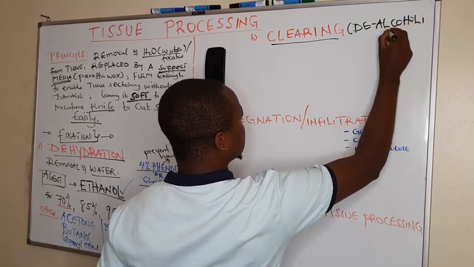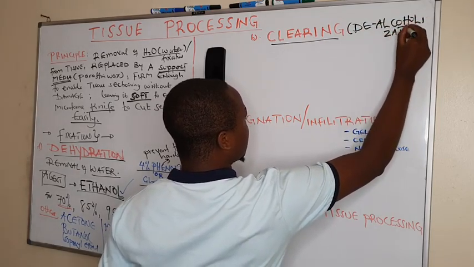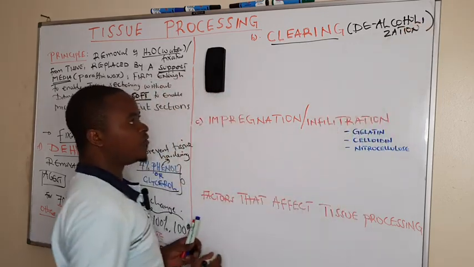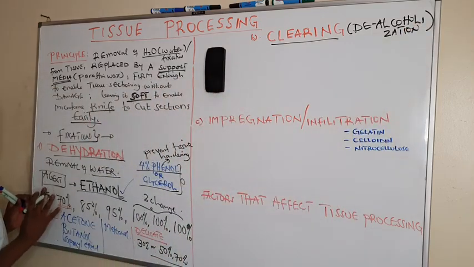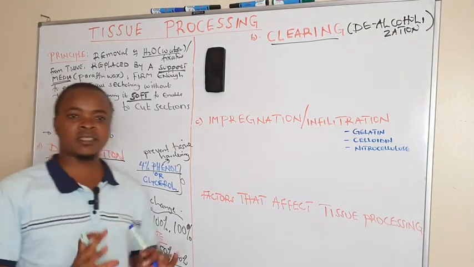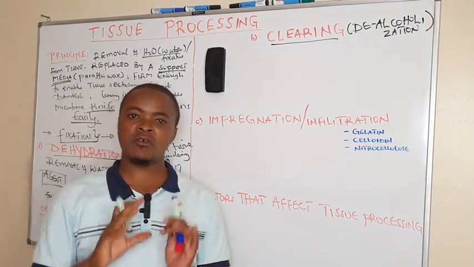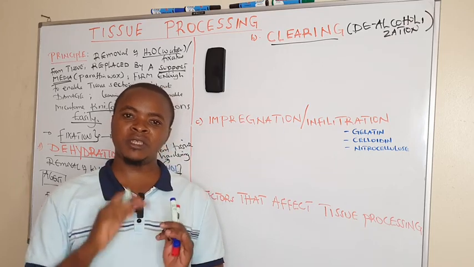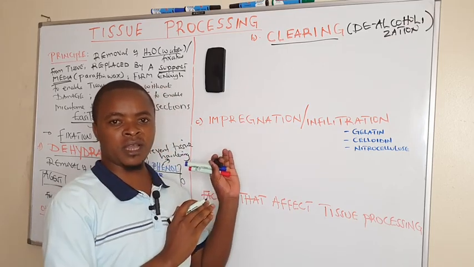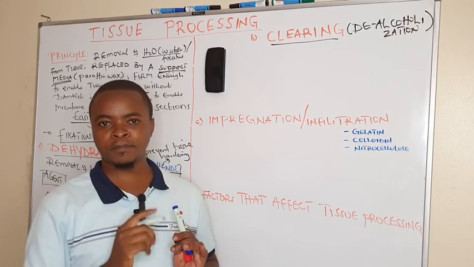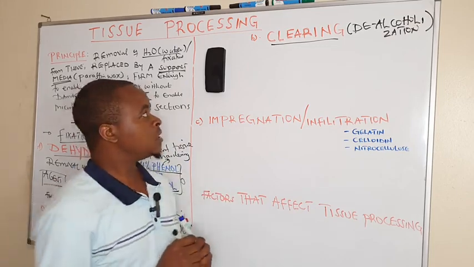Clearing is whereby we are removing the alcohol or the dehydrating agent, replacing it with a media which is miscible with both the alcohol and the paraffin wax.